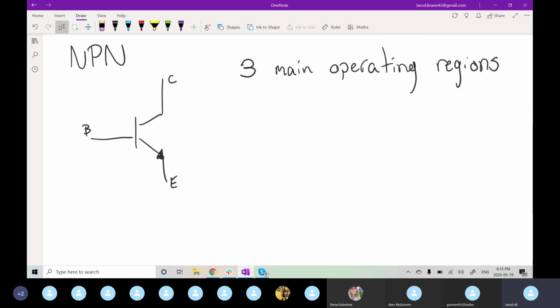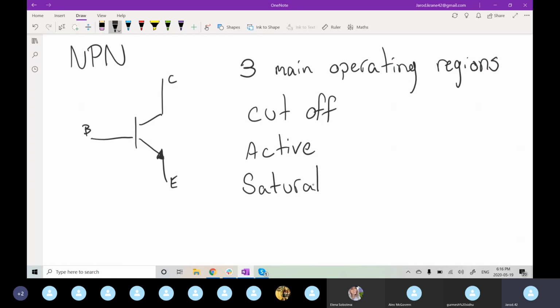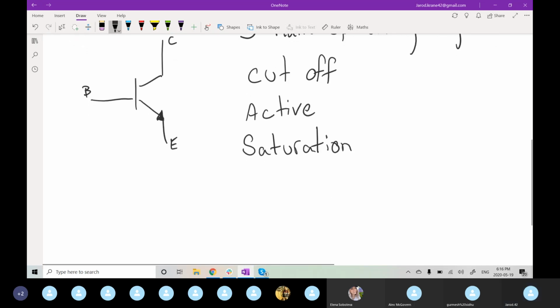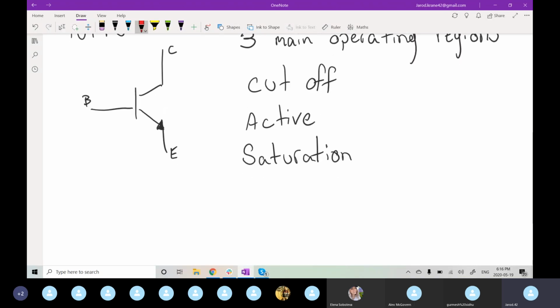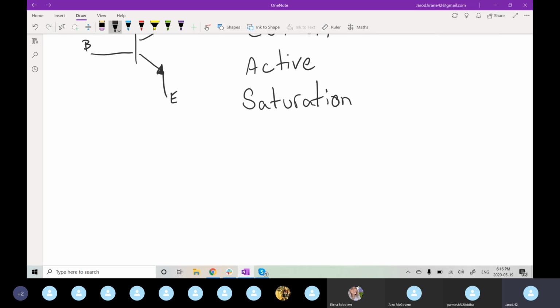We have cutoff, active, and saturation. So starting off with cutoff, as it's going to be the easiest to describe.